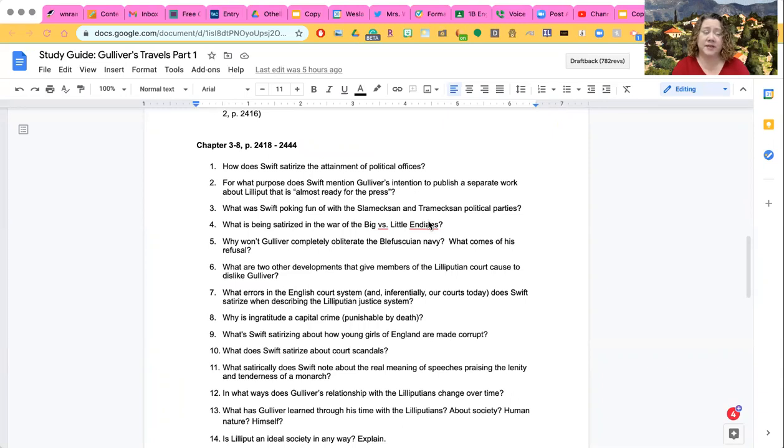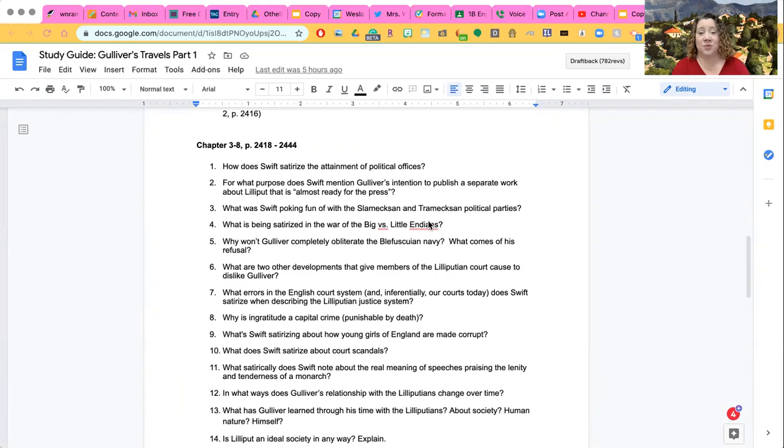The other one is the representation of England as the Lilliputians and Blefuscrians, it's hard to say. Also, these are all made up names, of course, represent France.